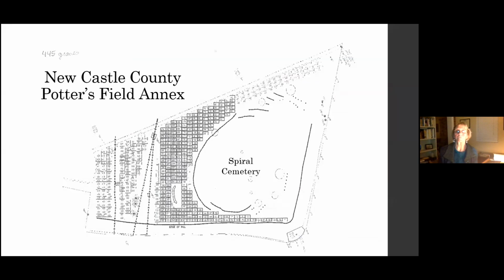That one Potter's Field that I showed you has 995 graves. It's filled up. So now they are planting markers and people all around the perimeter of the Spiral Cemetery.